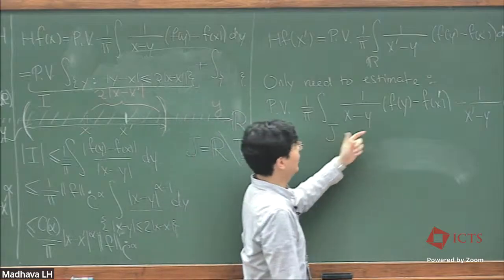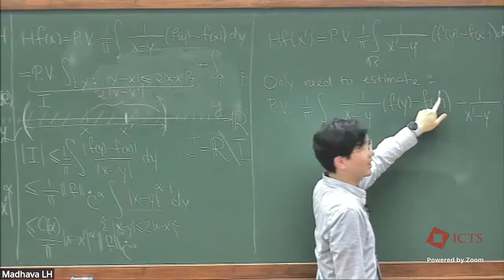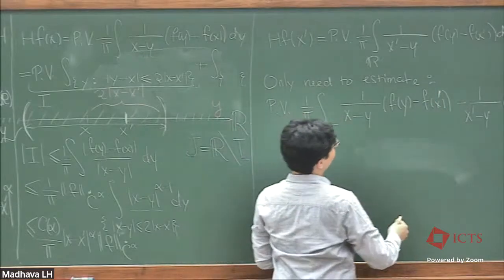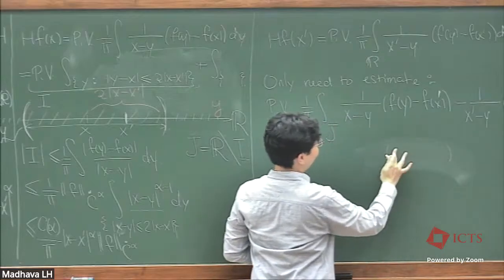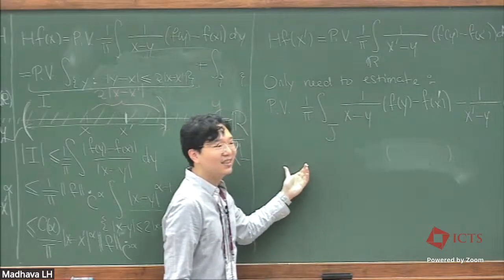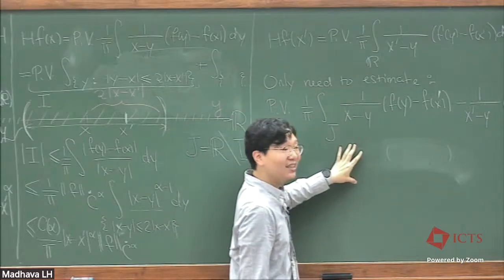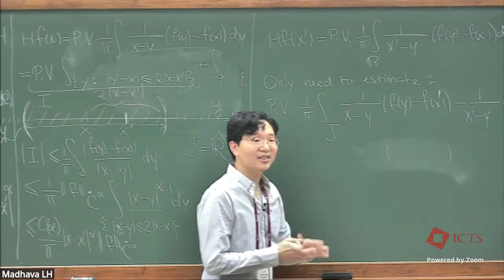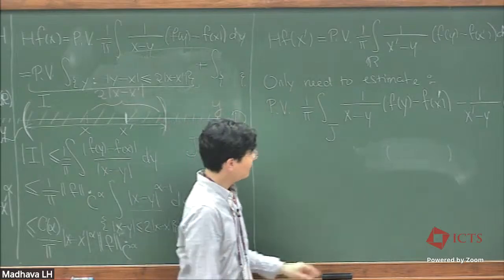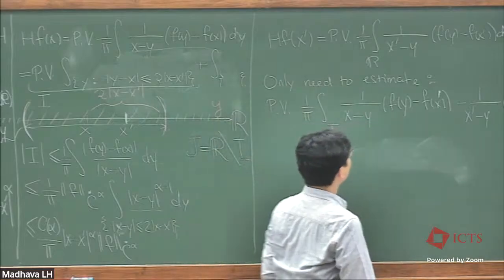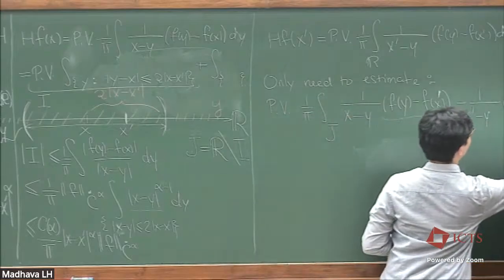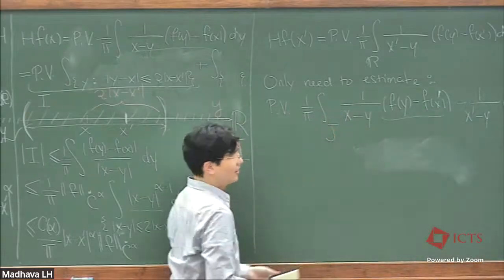So we have the integral in J remaining, which we combine. Another trick is to replace this x by x prime. Then you need to add another term, but that term is just f of x prime minus f of x, which goes outside. And then you have this singular integral, which is canceled by odd symmetry. So what's the whole point? Now they are equal, and we can combine.